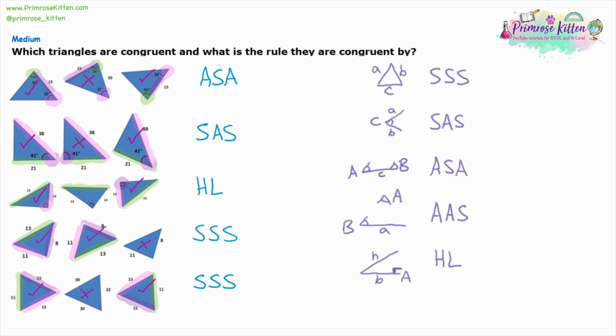Congruent is when the size and the shape are the same. That middle triangle, it's got the same shape, but it's a different size. So same shape, different size, that's called similar, not congruent. So I'll make a note of that. It's similar. And it might be asked in exams if things are similar or congruent. So you need to know that that's a similar triangle. But for this particular question, it's not congruent, so we're not interested in it.